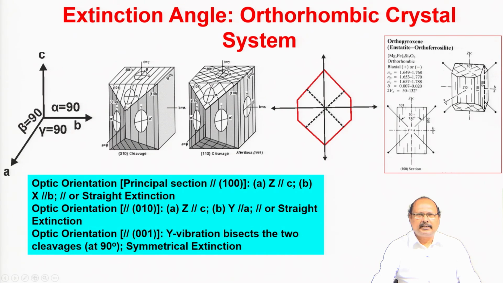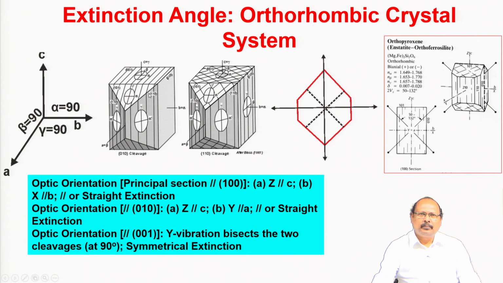So, in sections, for example, in the 110 plane or in the 101 plane, what you have is the trace of cleavage, which is a vertical cleavage, parallel to the C crystallographic axis. In this particular optic orientation, this cleavage direction will be a marker of the C crystallographic axis.